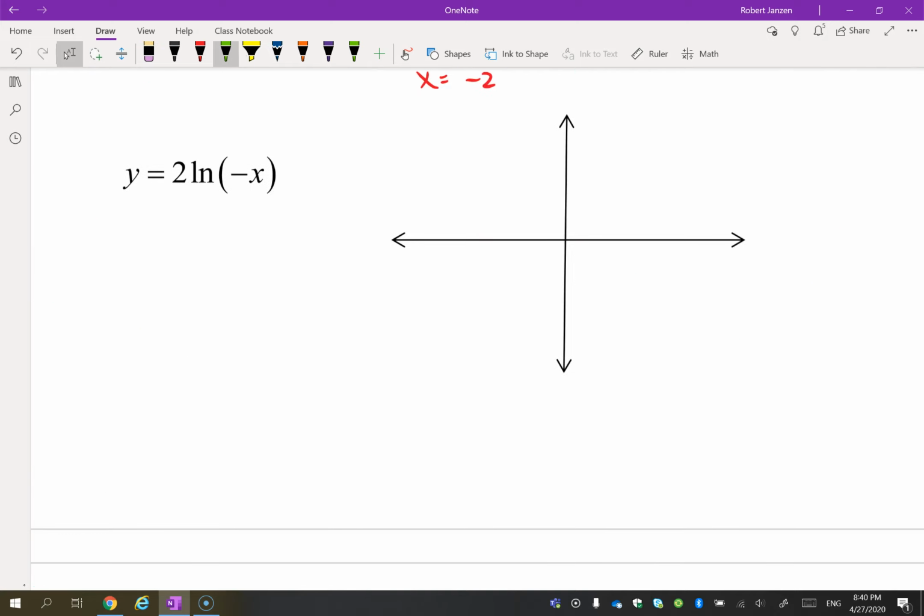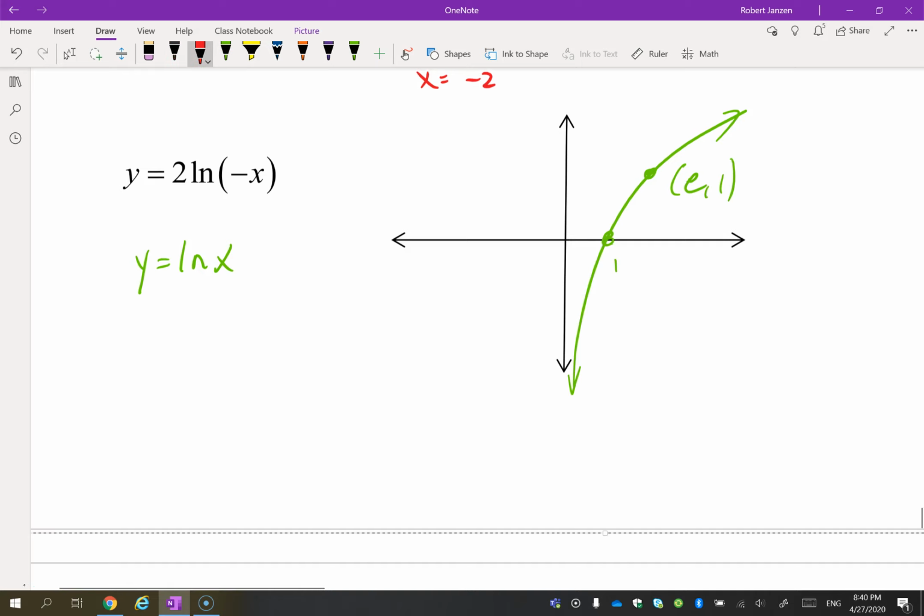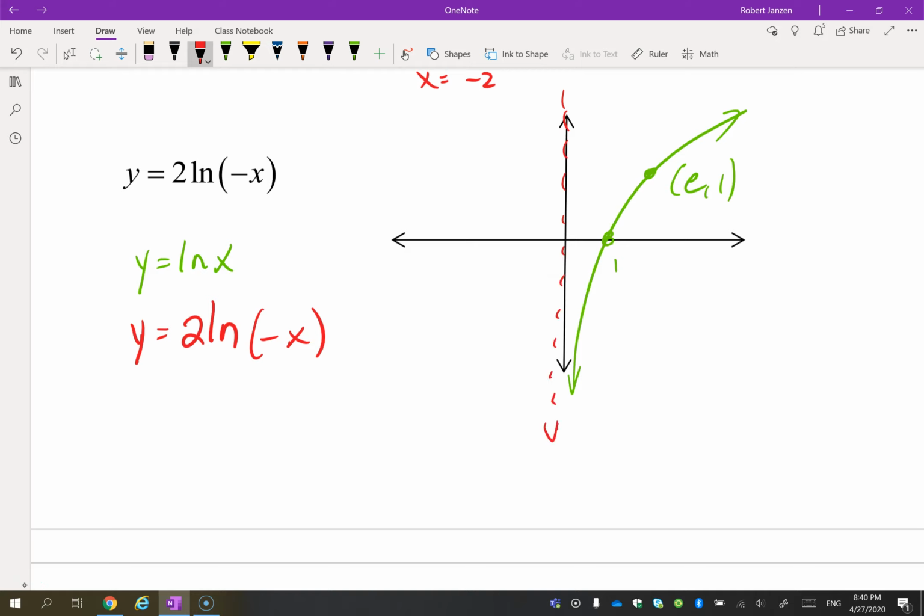Try one more. Do the natural log of x. And then we're going to stretch it vertically by 2 and flip it horizontally. So if we stretch the asymptote and then flip it horizontally, it does not change.